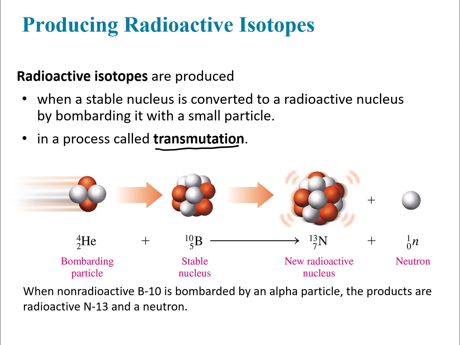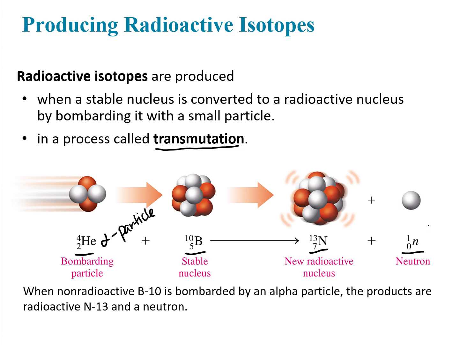This is just an example here where you've got a stable boron atom and you hit it with an alpha particle. You make a new element, which is nitrogen, and it's unstable. And you also have a neutron left over.